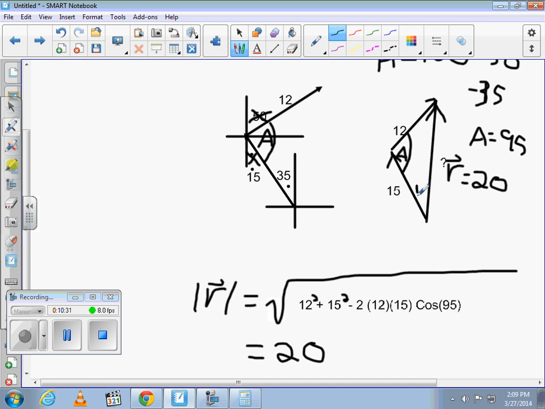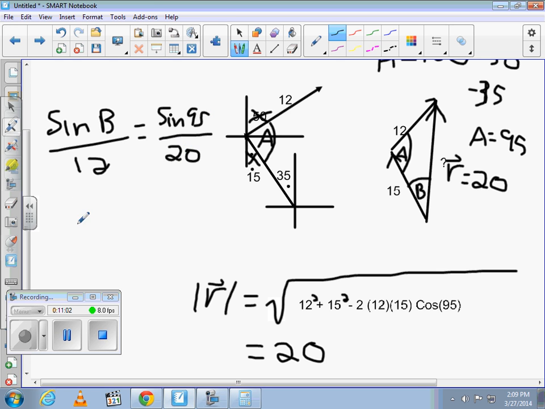I'm going to call that angle B. And to find this angle, because we have this angle and this side, we can use the sine law. So according to the sine law, the sine of B divided by 12 is equal to the sine of A divided by 20. So that's going to be the sine of 95 divided by 20.